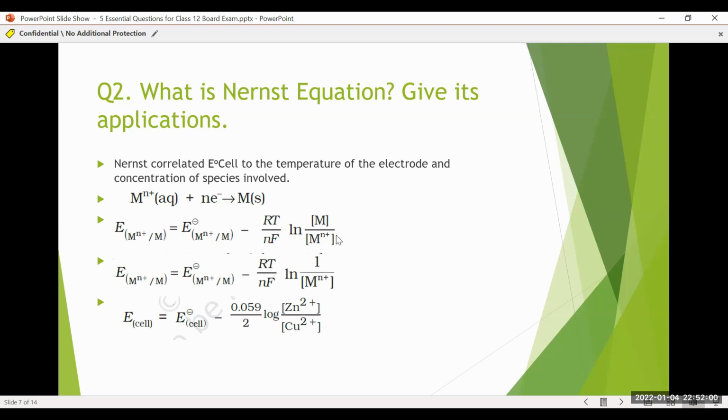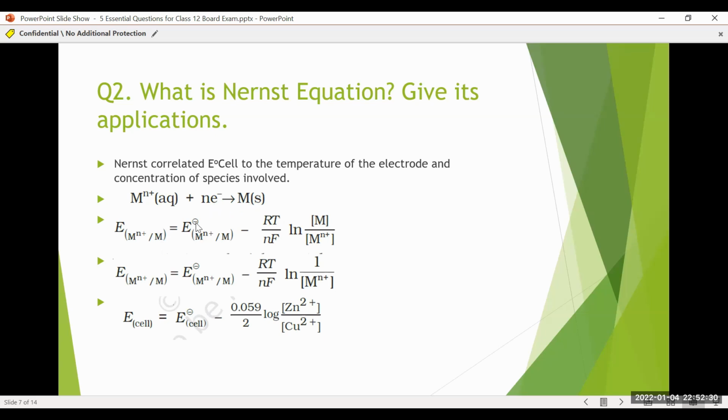Nernst took a lot of concepts and finally gave us the equation for an electrode, where the potential of this metal rod is E M n plus slash M. M n plus slash M is a conventional way of representing a reduction: first its ion followed by its metal, written in slash form.